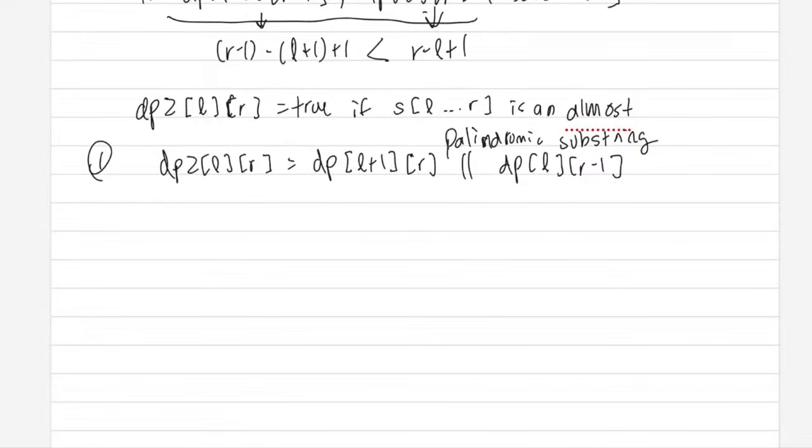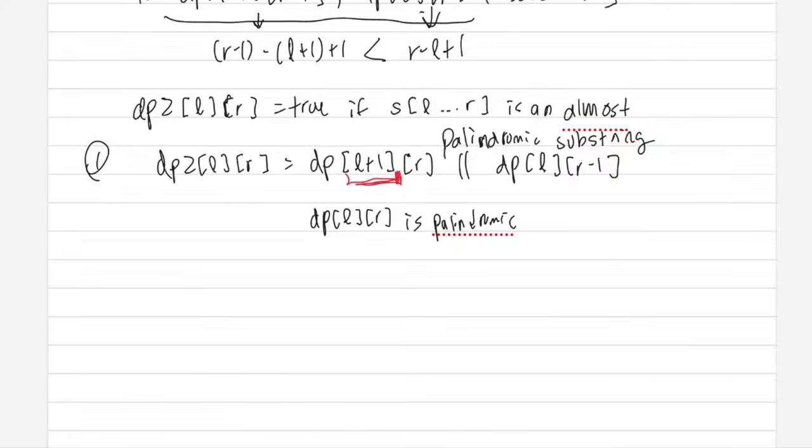This means that you already know that dp L R is a palindromic substring with no deletions, right? And so you want to consider deleting the first character at the front, or the back character, which is this transition.